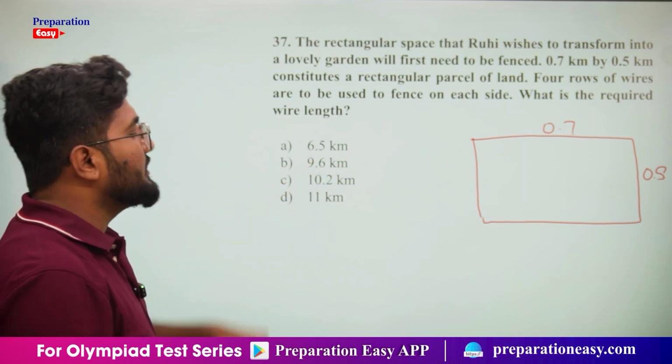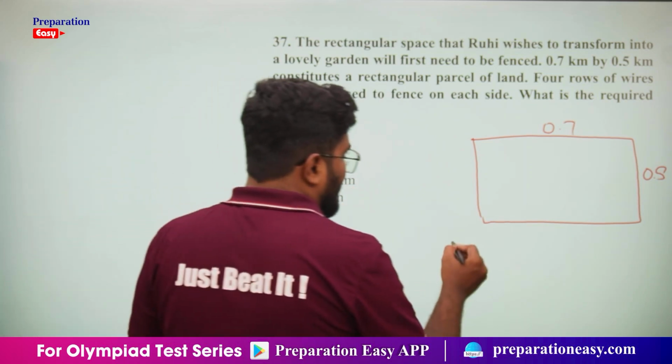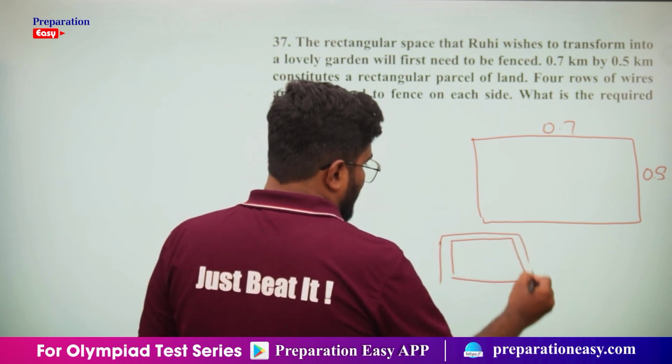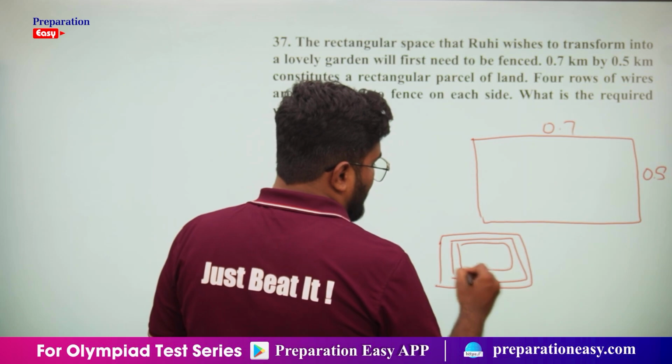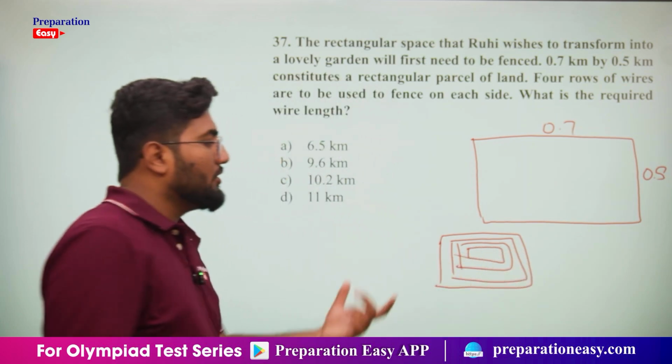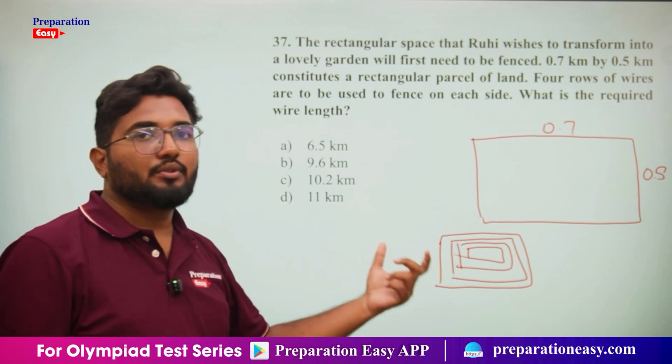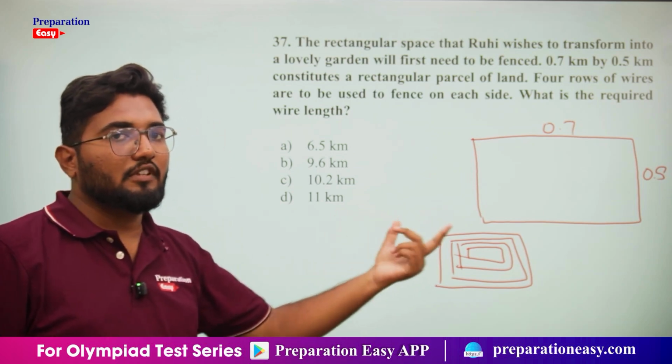It needs 4 rows of wire. How much wire is needed? That is, this is 1 row, then another row, a third, and this would be the fourth. They are all of the same length. I just drew it to show how the 4 rows will be required.